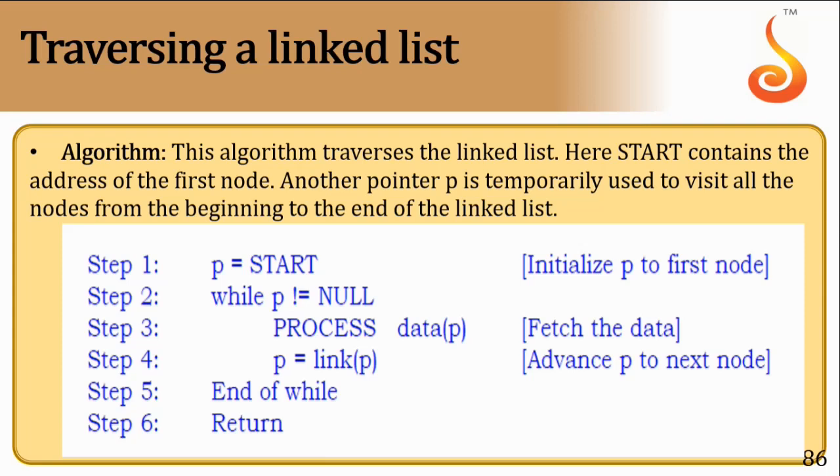While P is not equal to null. When will P be null? I told you also the starting of the list is identified by head or the start pointing to the first node, and the link part of the last node would be pointing to null. So until P is not equal to null, you are going to traverse, that is P is equal to link of P. Link of P would be pointing to the next node.